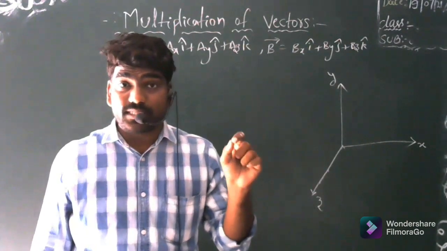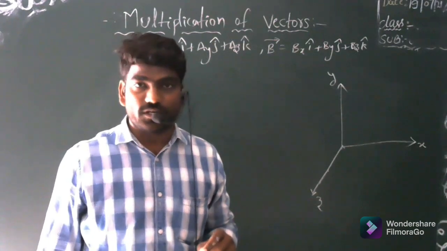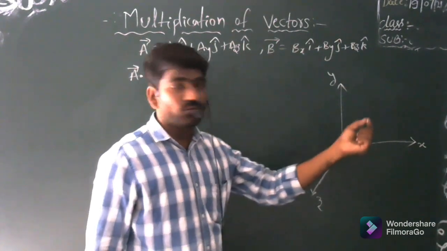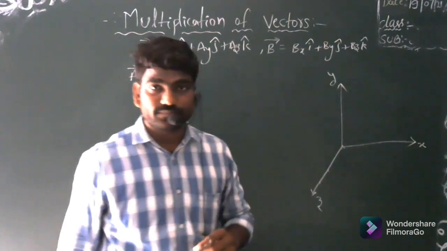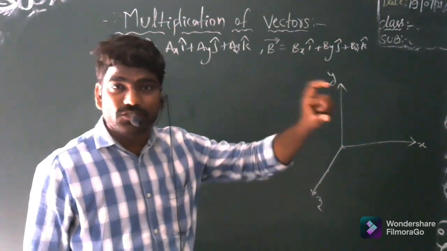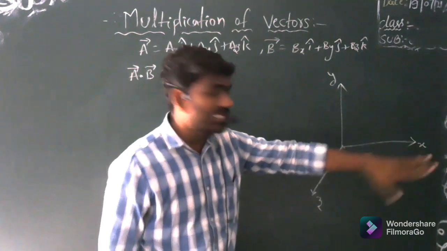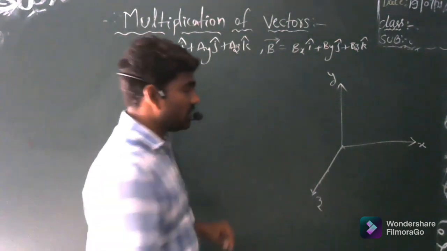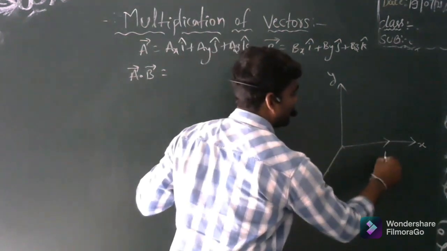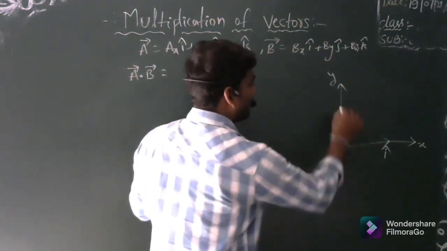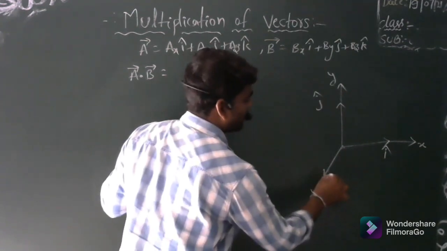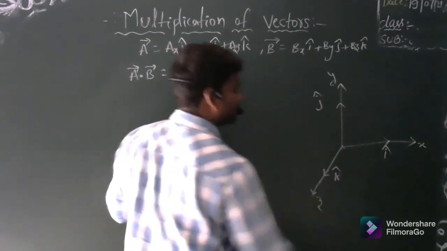Whenever you represent the position of a vector, we need a reference point in a coordinate system that we can consider as the origin. Whenever a certain magnitude is represented along the x-axis, for the representation we need one unit vector. The unit vector present on the x-axis is i cap, the unit vector present on the y-axis is j cap, and the unit vector present on the z-axis is k cap.